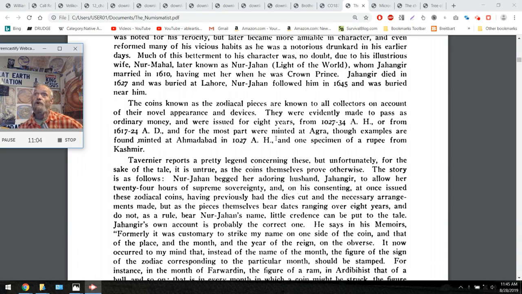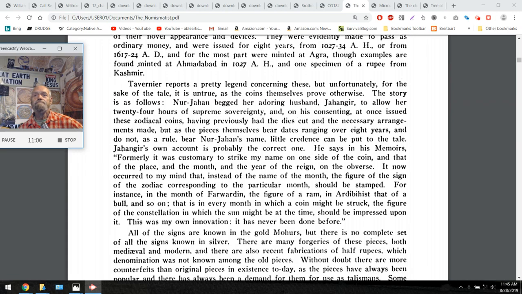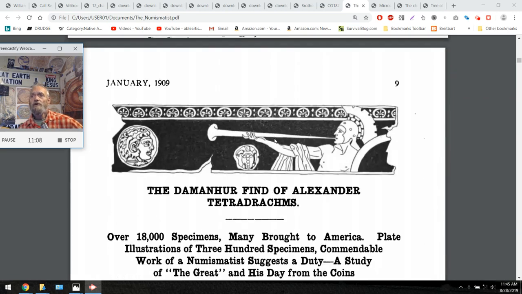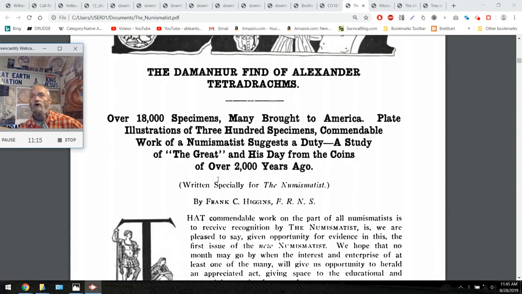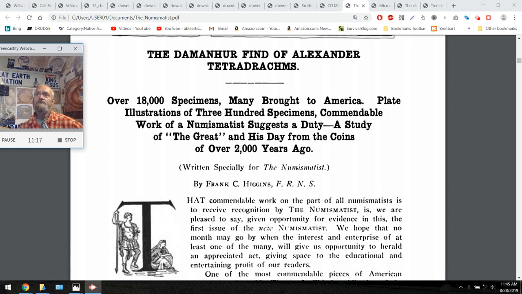It gets even weirder. They were in a hurry. They couldn't rewrite everything perfectly. Over 18,000 specimens, many brought to America. Plate illustrations of 300 specimens, commendable work of a numismatic suggested duty.